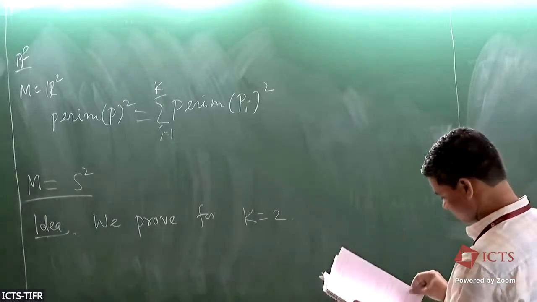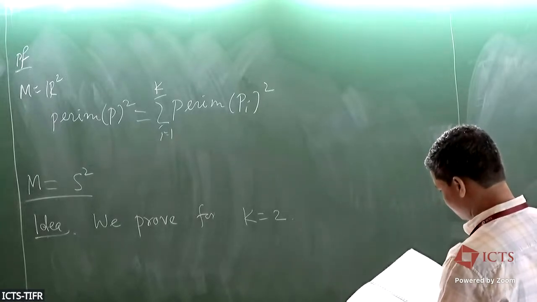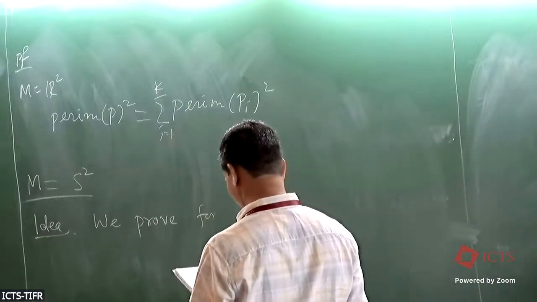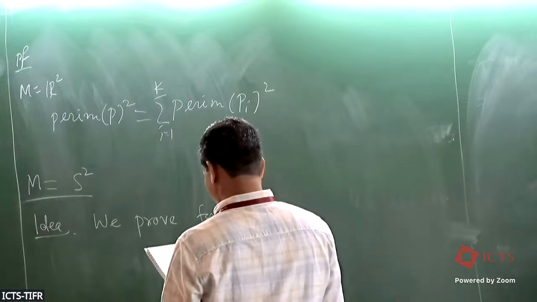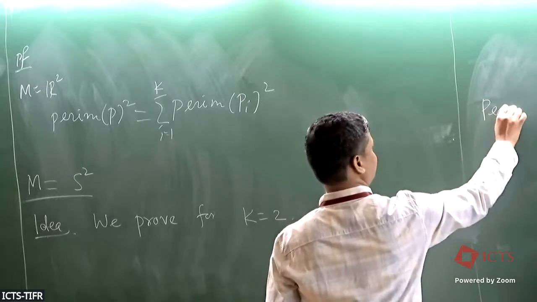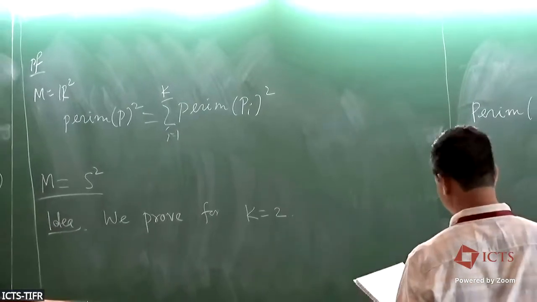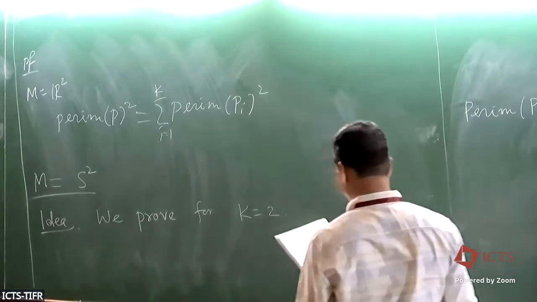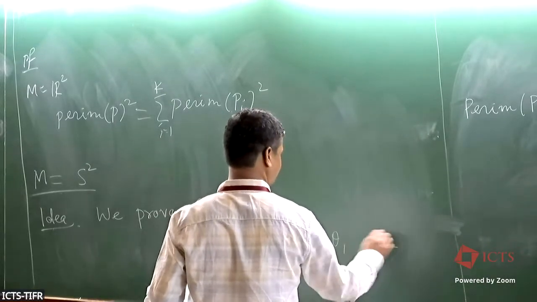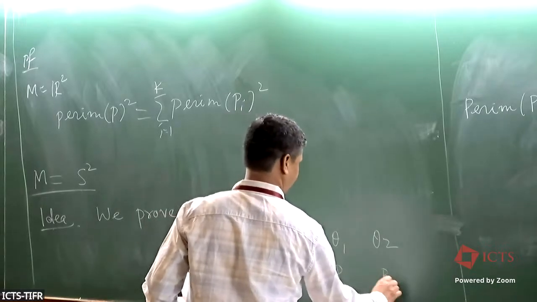Don't have much time, so let me sketch the proof for the sphere. So we assume k equal to 2, and theta 1, theta 2 are the interior angles of P1 and P2.